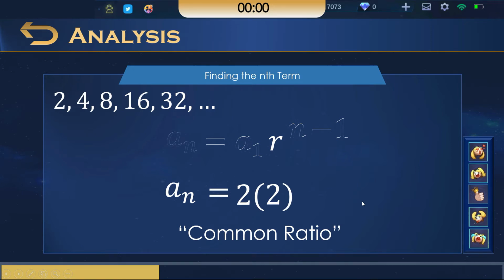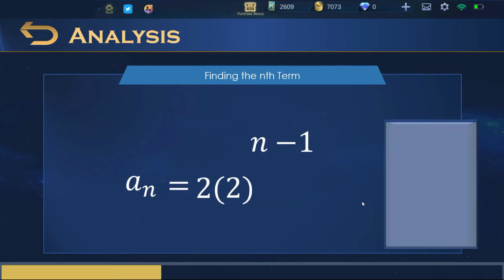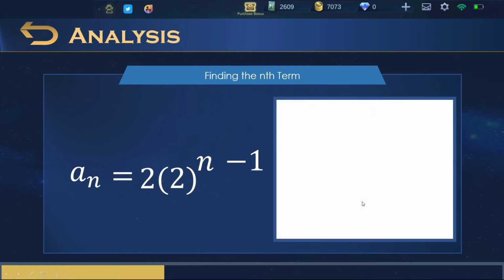Now, since it is a general term for this sequence, we're looking for just n minus 1. Let us now try to simplify. A sub n is equal to 2 times 2 raised to n minus 1. Now, I'll give you 1 minute for you to simplify this equation.